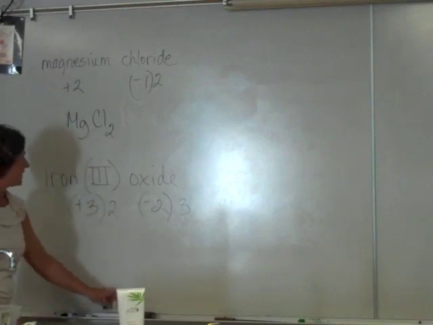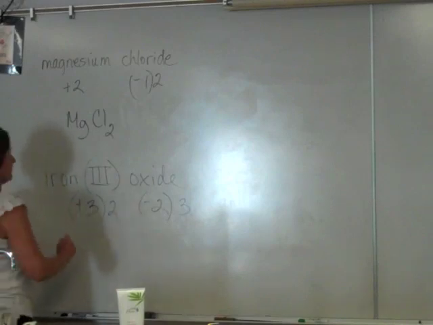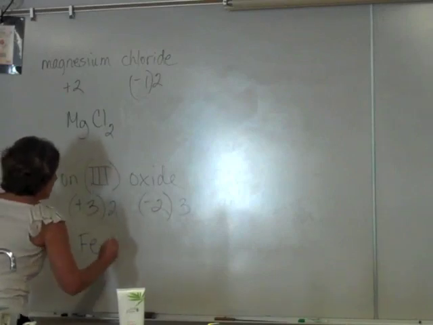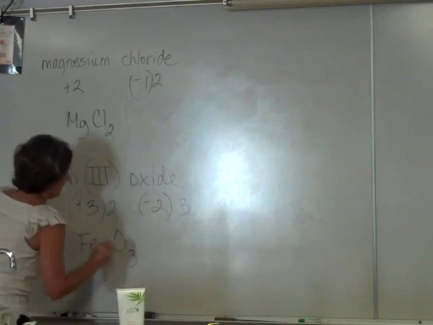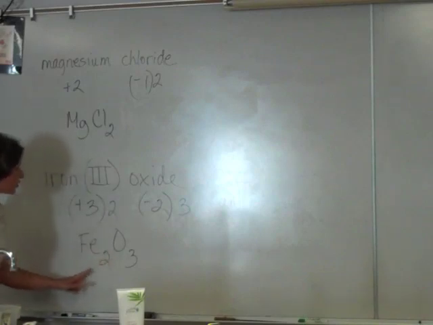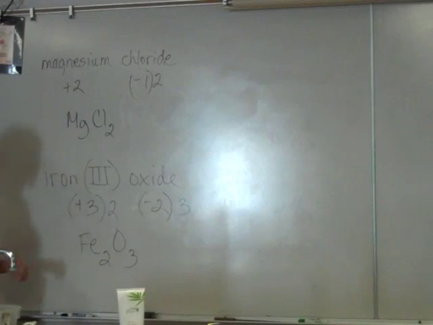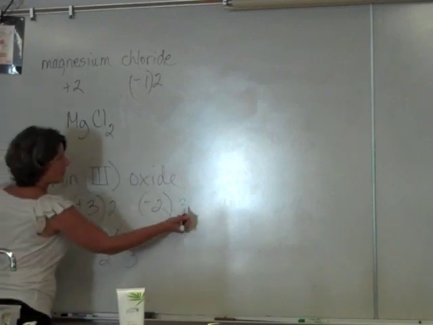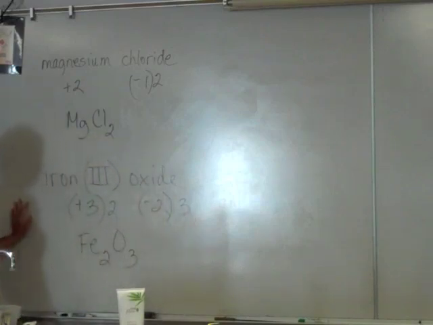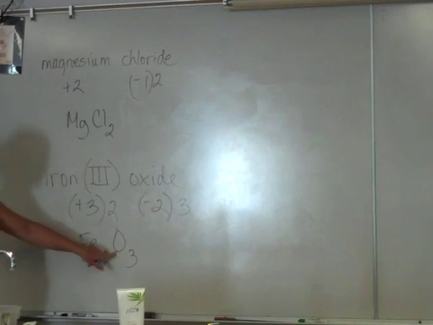So that means we will have Fe2O3. This 2 does not mean it's iron 2. This 2 means that we need 2 irons with a positive 3 charge to balance 3 oxides with a negative 2 charge. Fe2O3.